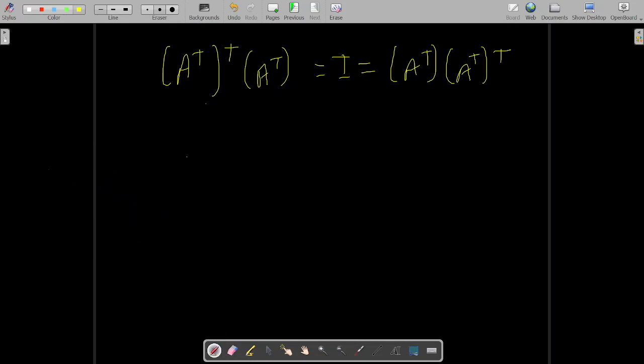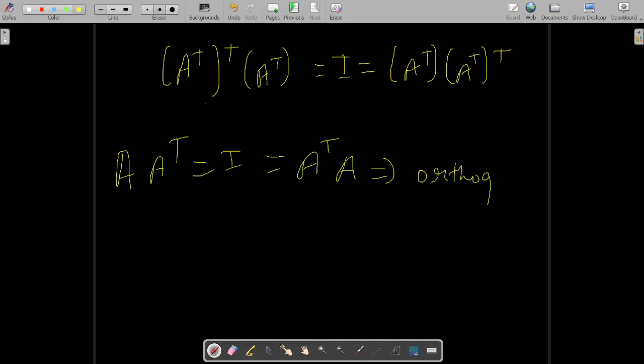By the definition of orthogonal matrix, you know this very well, when A transpose A is equal to I is equal to A A transpose, we call that an orthogonal matrix.